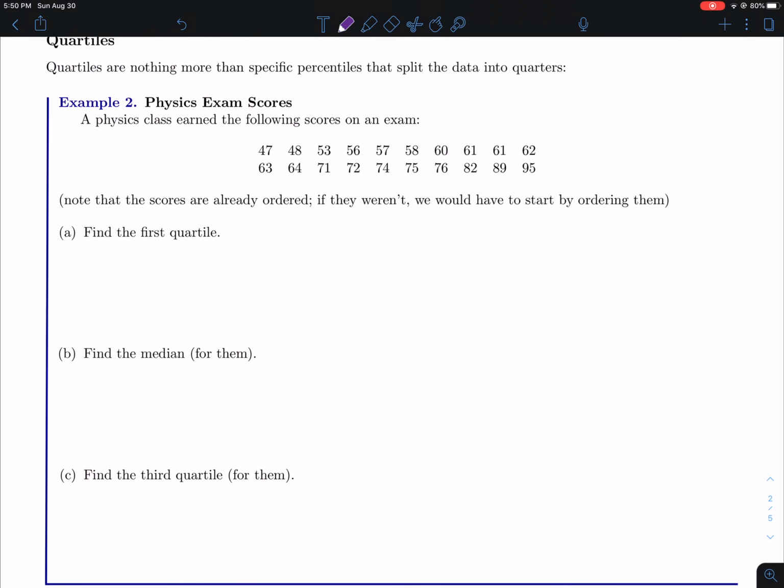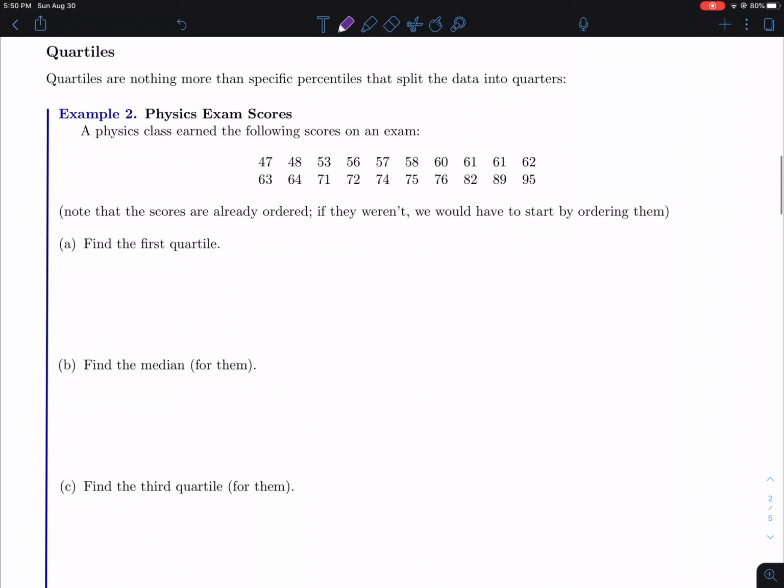All right. So in this case, we want to talk about quartiles. So quartiles are nothing but a specific percentile, and it just splits the data into quarters. So what we're going to talk about is there's going to be the first quartile, which is represented as Q1.